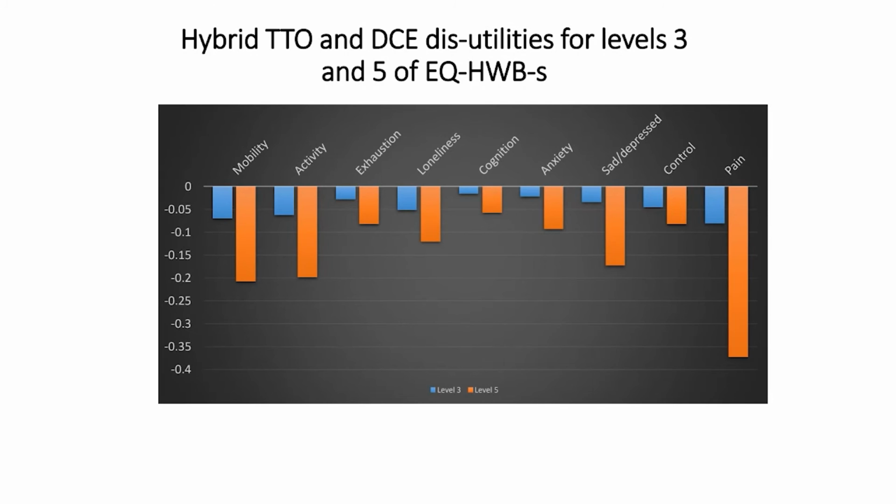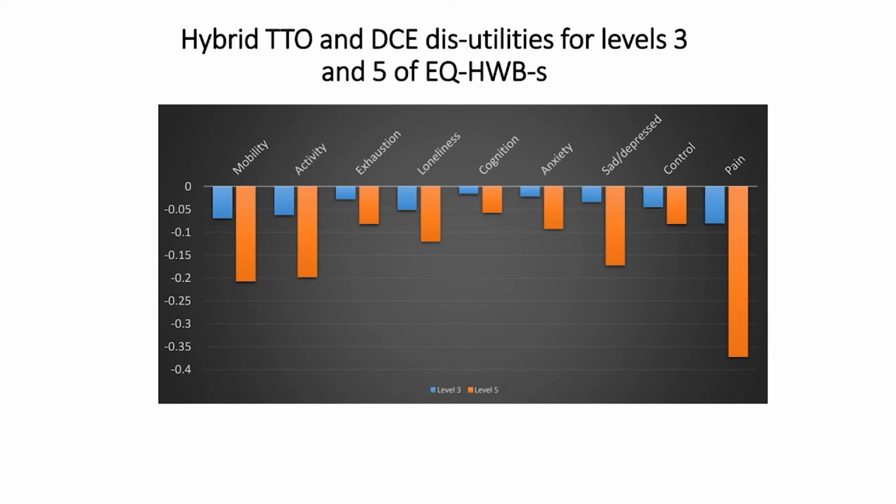If you take mobility, if you're at level 3 of mobility, this amounts to a decrement or disutility of just over 0.05. So you take that off somebody's score when you're calculating it. Obviously, if you look at level 5, you can see that it's minus 0.2, so a much bigger one.